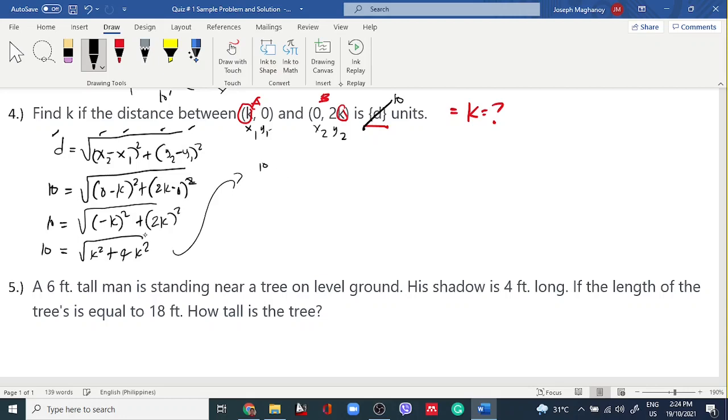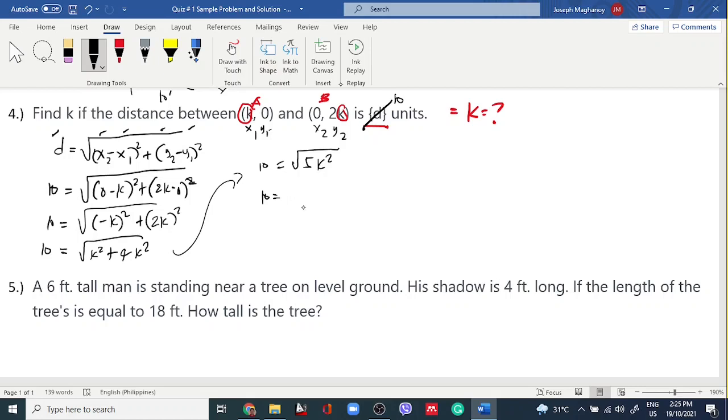You should have 10 square root of, so same term, that is 5k squared. So we need to simplify further or remove the radical to simplify our equation. So we need to remove this radical. So what will happen? We apply the radical to our given.